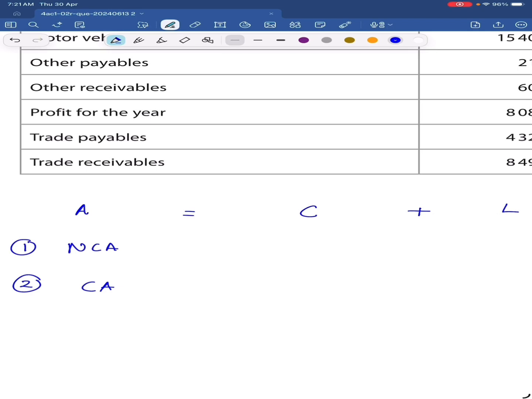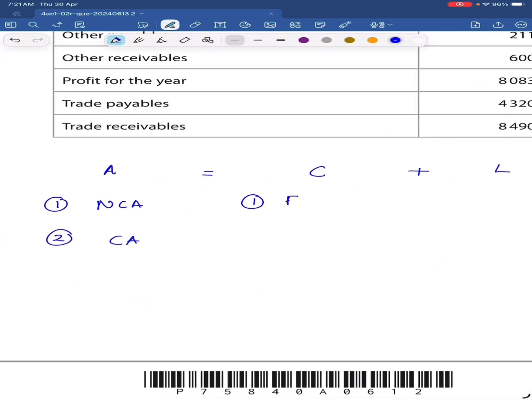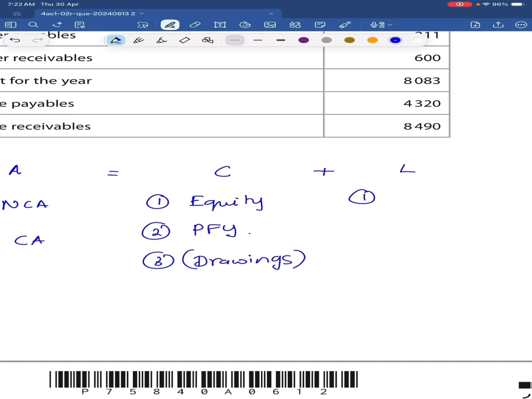Under capital or equity, you have the opening equity. As per this question, you have opening equity. The second, the profit for the year. The third, any drawings that will be deducted. Under liabilities, the first one is non-current liability and the second one is current liability.